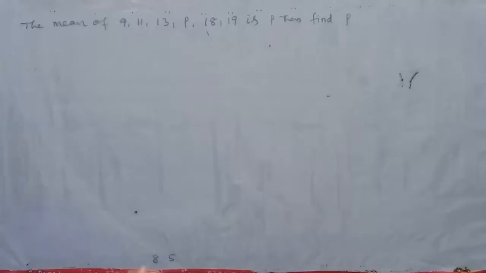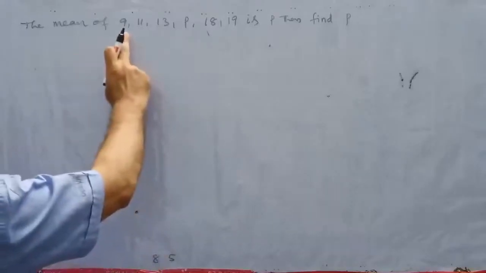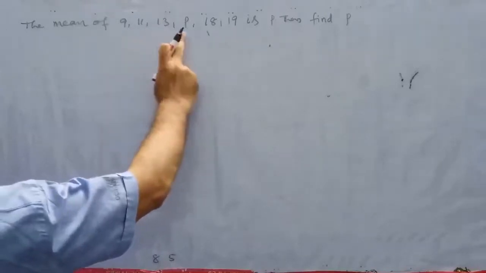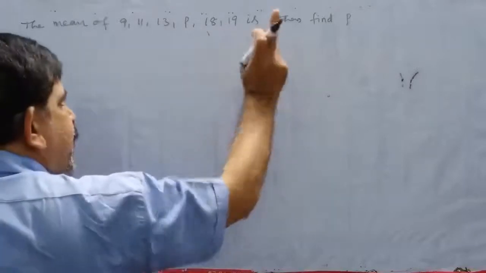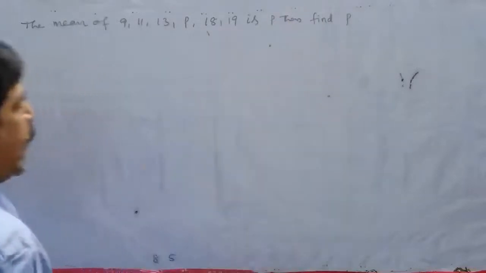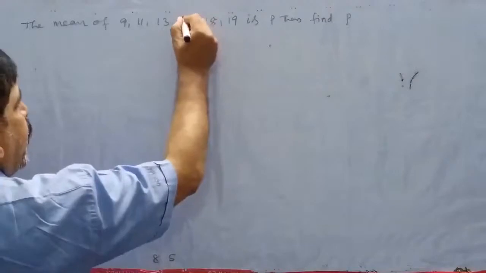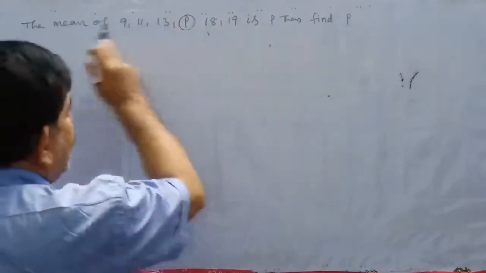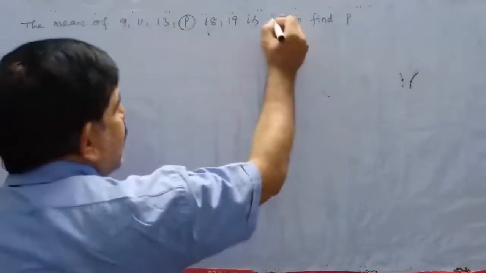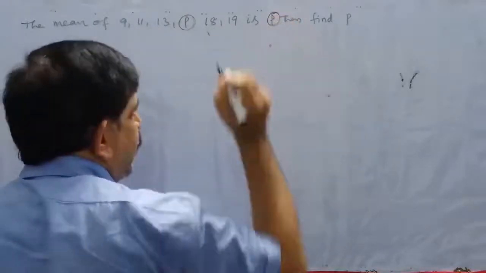Okay, next question. The mean of 9, 11, 13, p, 18, 19 is p. Then find p. So p is the variable here, and the mean of these observations is also p.